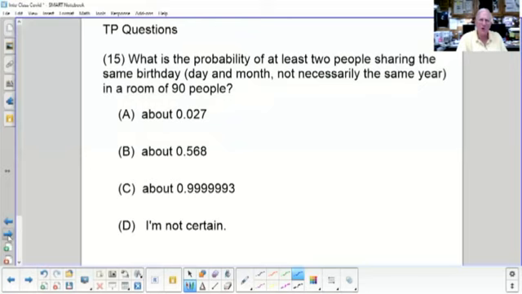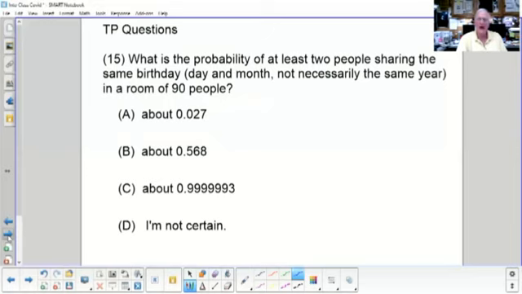We run into coincidences every day in our lives, okay? And this coincidence of two people sharing the exact same birthday, month and day, is a very interesting coincidence, all right? It's kind of a special thing for those two people. What do you think the correct answer would be?